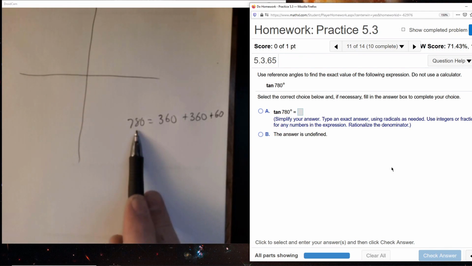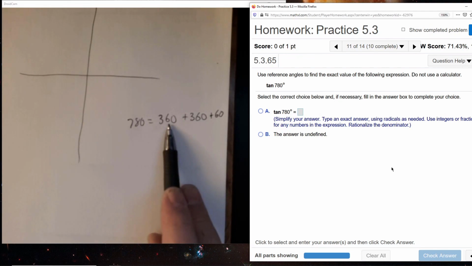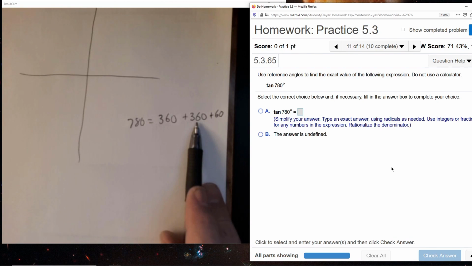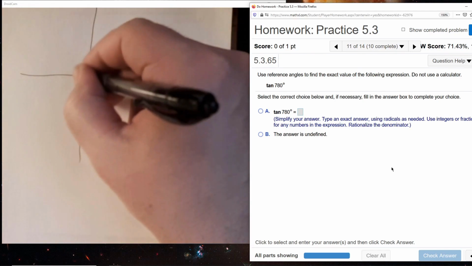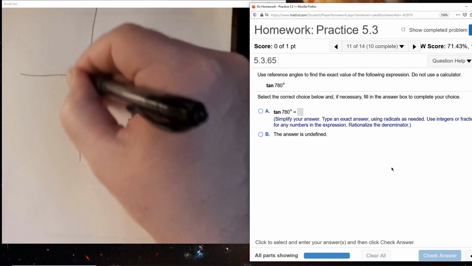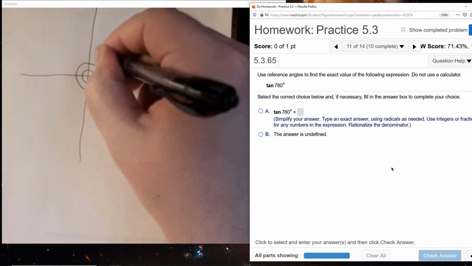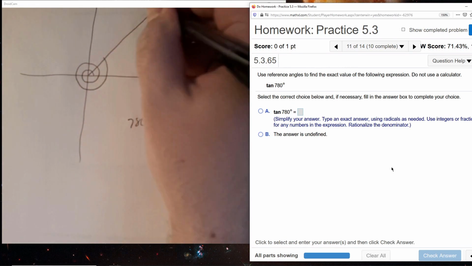So 780 is one revolution plus another revolution plus 60 degrees. So we'll go around once, go around twice, and then 60 degrees is our terminal.